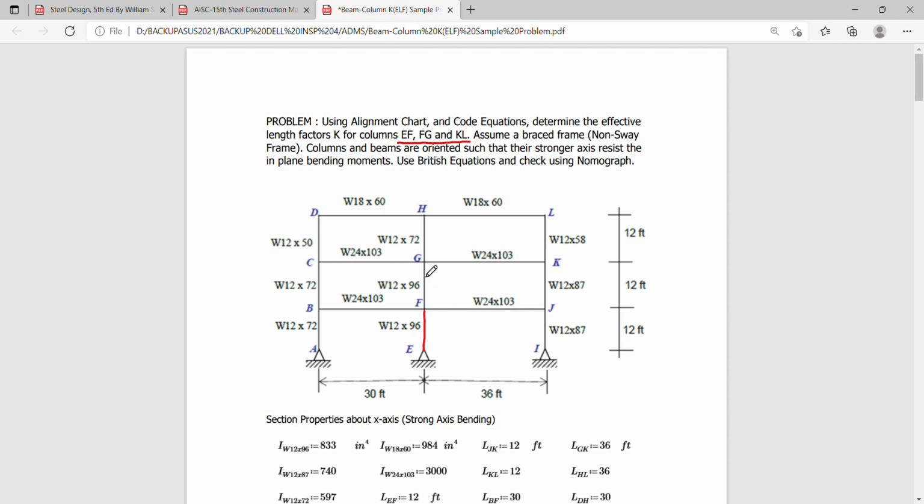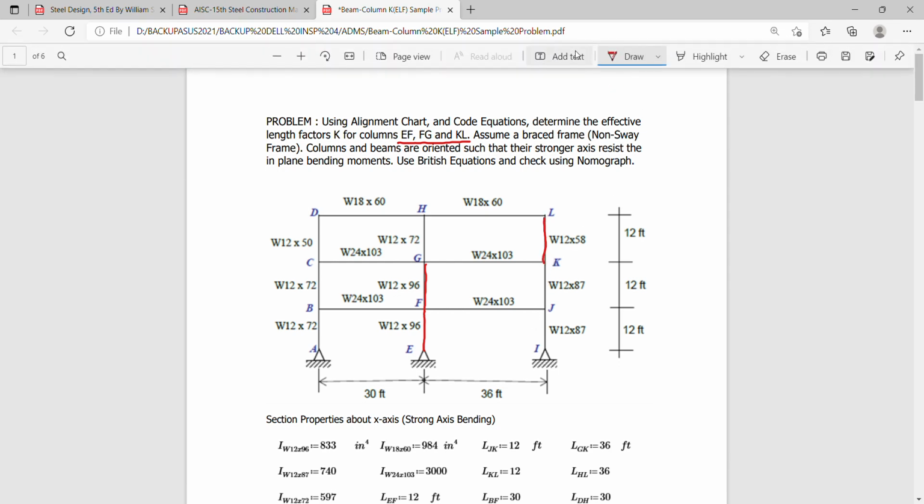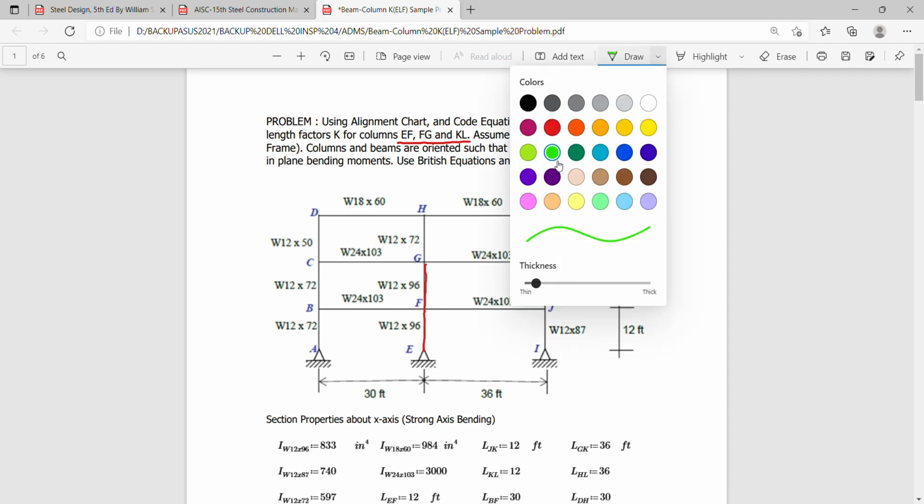We have actually 3 columns for which the effective length factor needs to be determined.